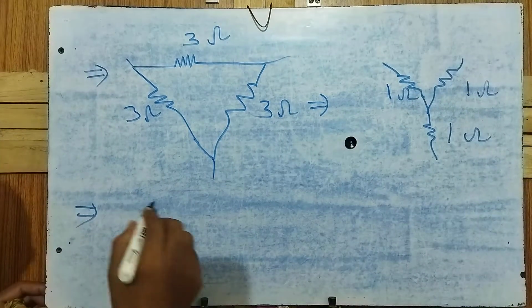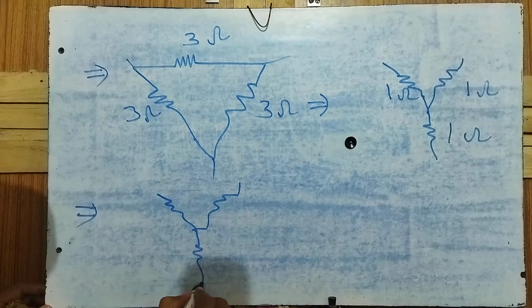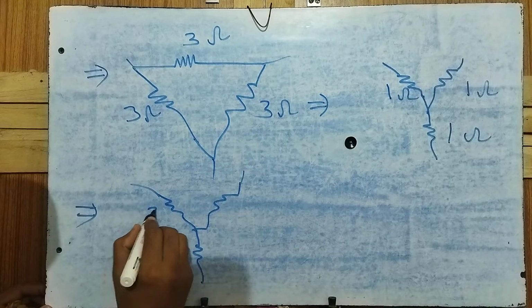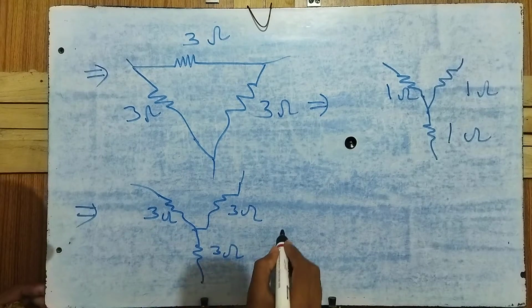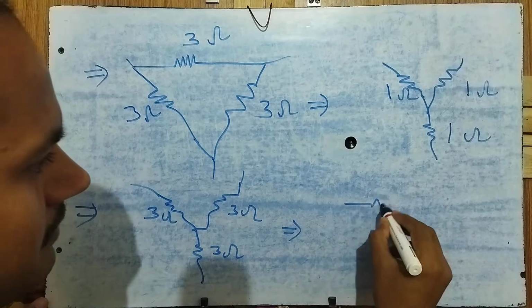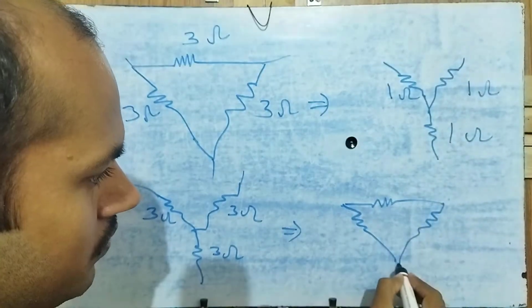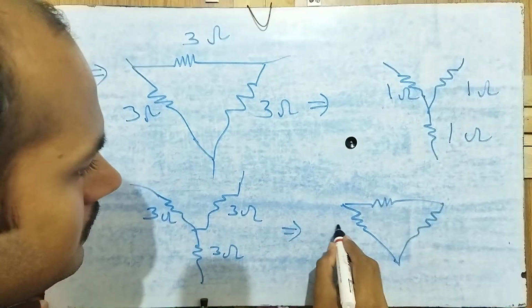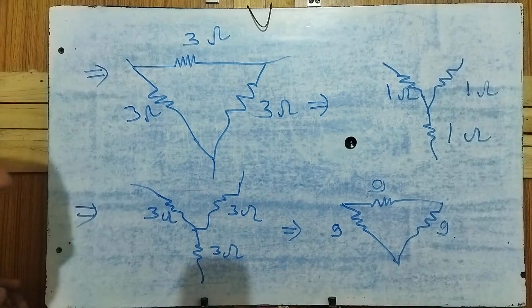If we have a star connection of 3 ohm, 3 ohm and 3 ohm, then what will be the delta value? In the delta connection, the components are 3 into 3, 9, 9 and 9.